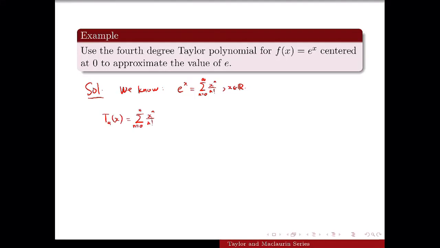This is equal to what? 1 plus x plus x squared over 2 factorial plus x cubed over 3 factorial plus x to the 4 over 4 factorial.